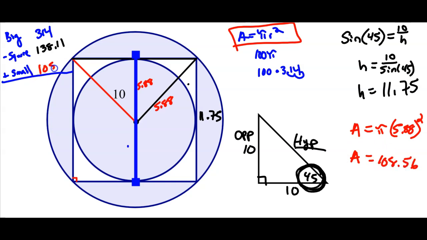So I'm going to take 314, that's the area of the big circle, minus 138.11, that's the area of the square, plus 108.56. And I get the area of the shaded region, my final answer here, to be 284.45.